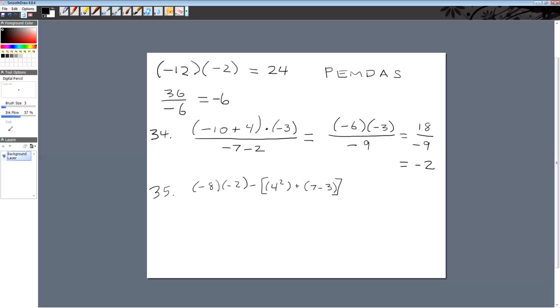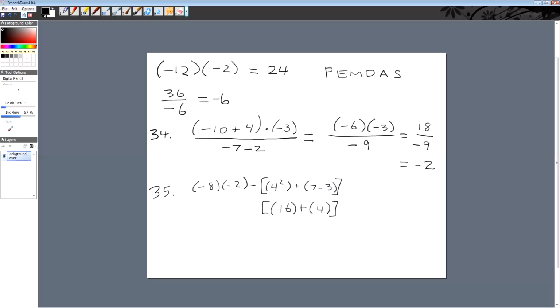So once again, we look at the parentheses first. So 7 minus 3, we'll look at the brackets here. So inside this parentheses, 4 squared is 16, plus 7 minus 3 is 4.